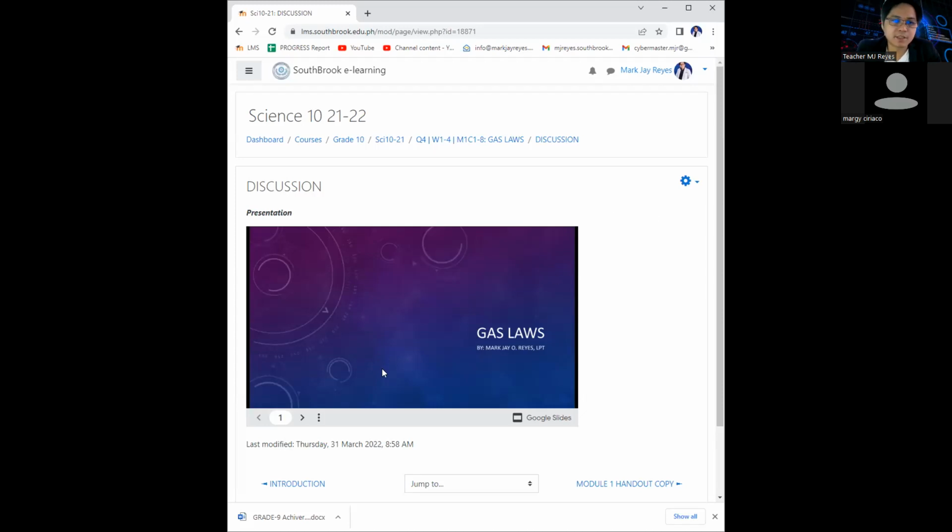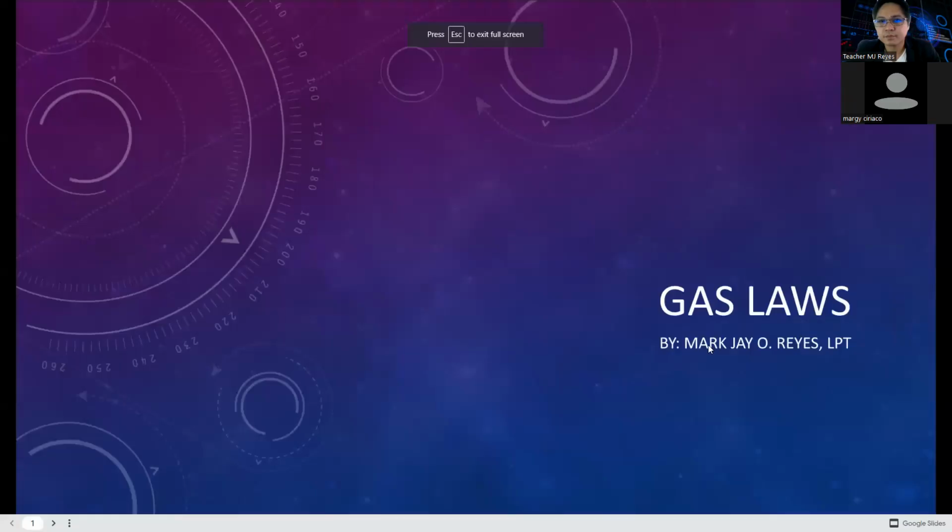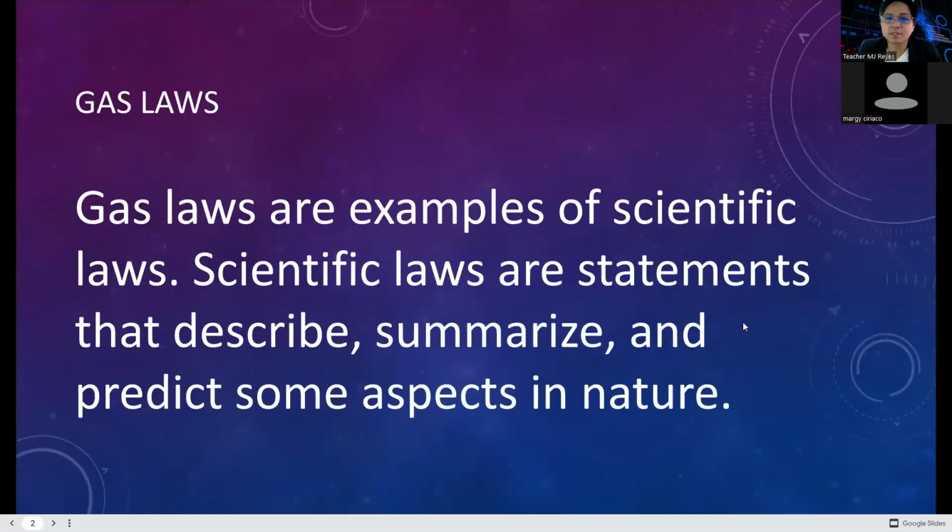Gas laws. So let's take a look at this one. All right. Gas laws are examples of scientific laws. Scientific laws are statements that describe, summarize, and predict some aspects in nature, a natural phenomena.